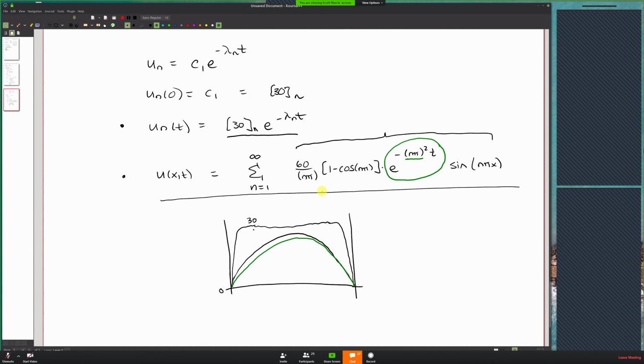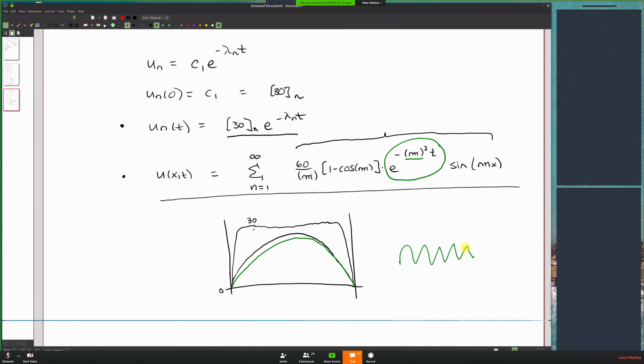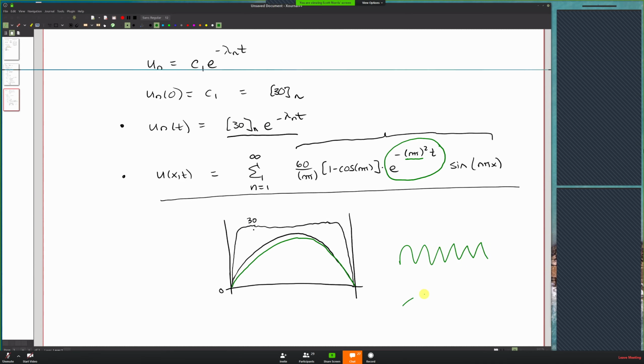They can be a little bit rough at t equals 0 because of potential jump discontinuities between the boundary conditions and the initial condition. But very quickly they smooth out, and very quickly they take on very simple shapes, because rapidly oscillating modes decay much faster than slowly oscillating modes.